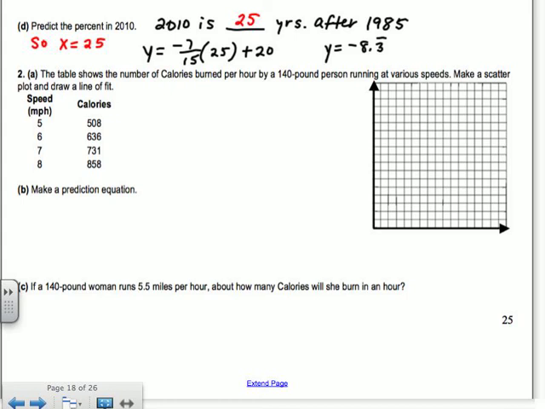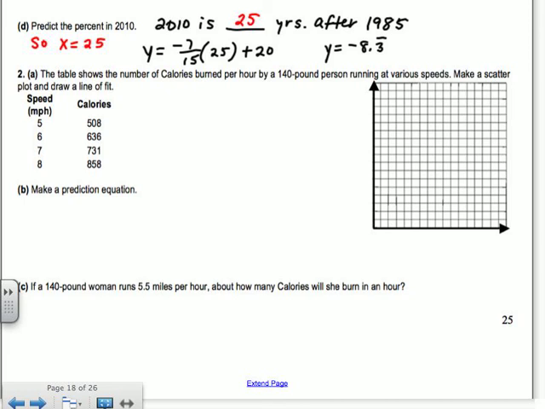How did I put it? So you can do negative 7 divided by 15 in parentheses times 25 and find that answer and then add 20, or just add 20 like that. It will work out. All right, so that means that it's going to be, was it negative?